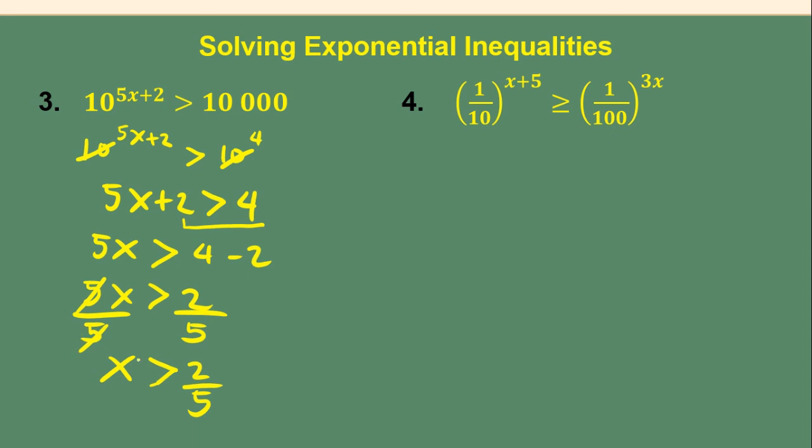So for our solution set, that will be x is greater than 2 over 5, or from 2 over 5 up to positive infinity. So 2 over 5 is not included in our solution set.